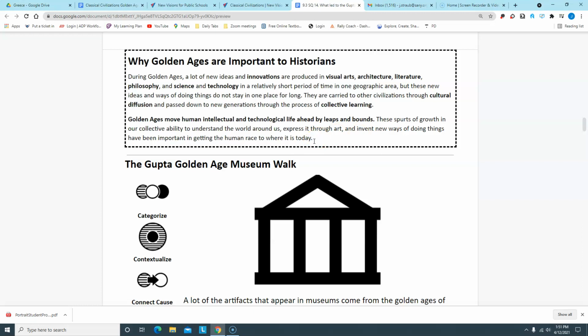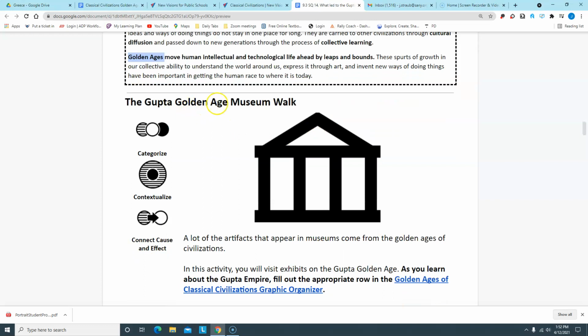Our current technology, our current culture, art, and science, our ability to think and reason for ourselves would not be a reality today if it weren't for the golden ages of the classical period. So, as we understand that, we're going to move on to the Gupta Golden Age Museum Walk.